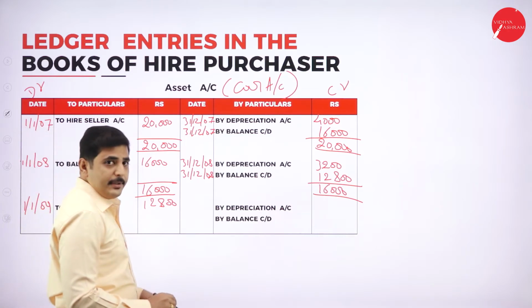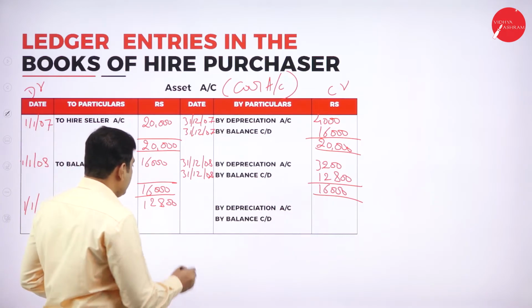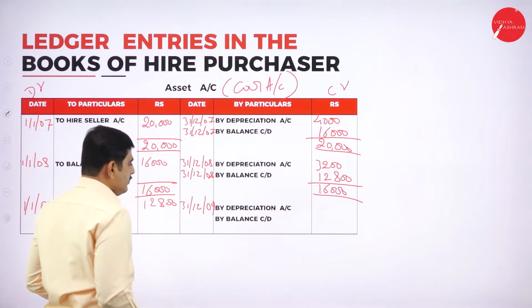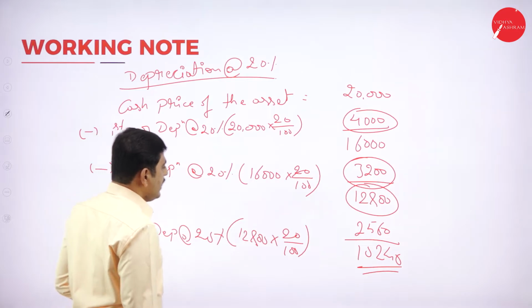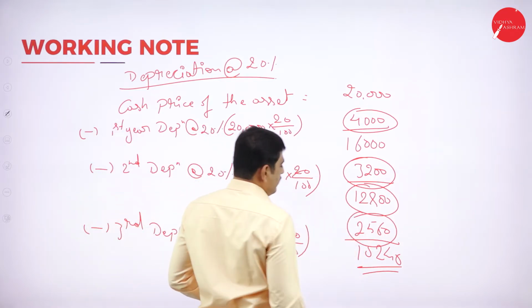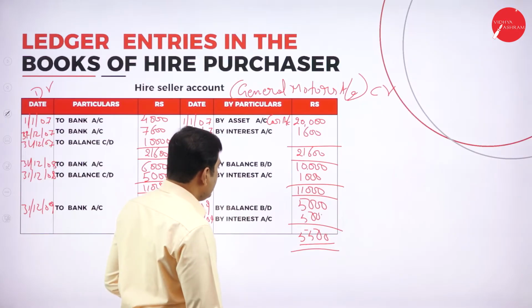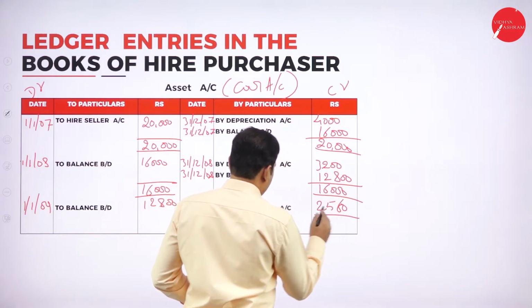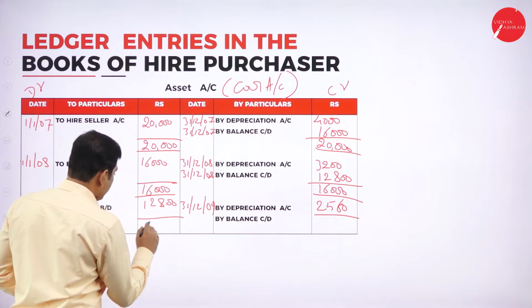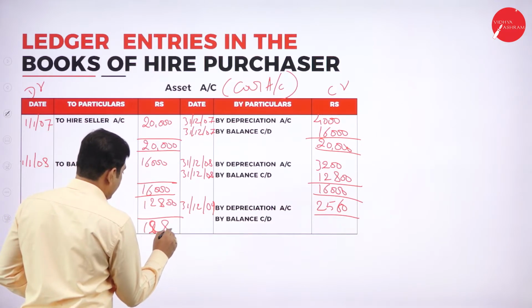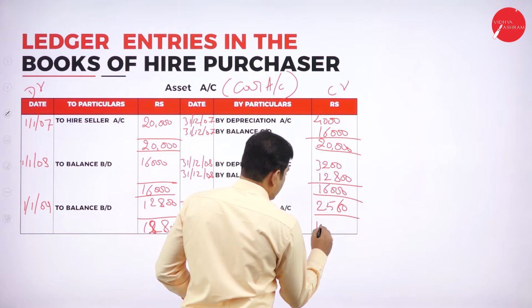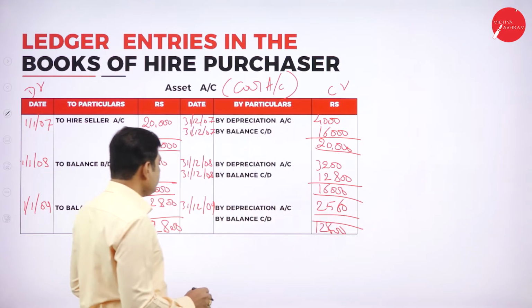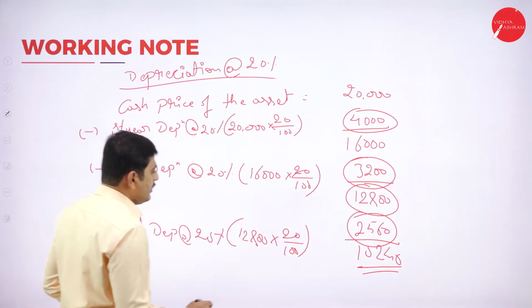So when do you calculate depreciation? On the last day, 31st 12 2009. What is the depreciation for the last year? 2,560 is the depreciation, right? So the total is 12,800, here also 12,800. What is the balance carried down?